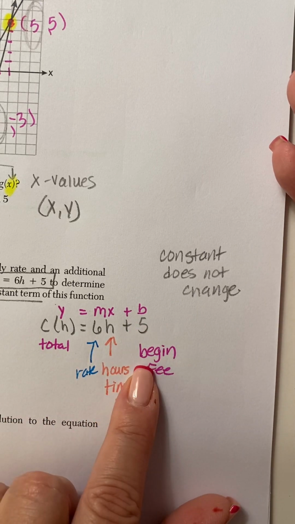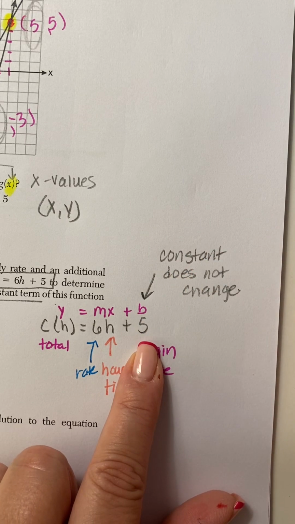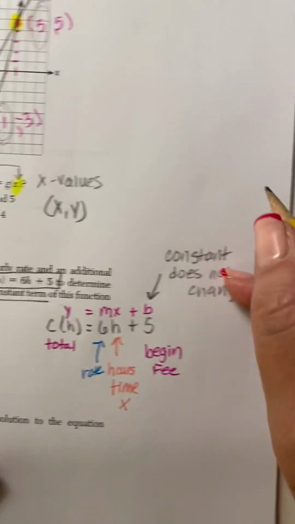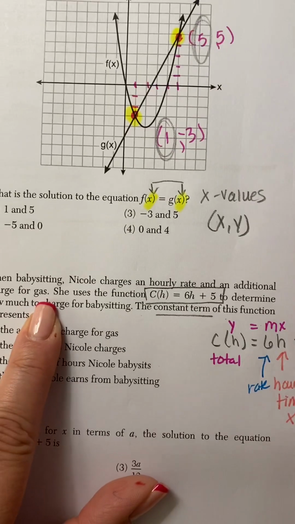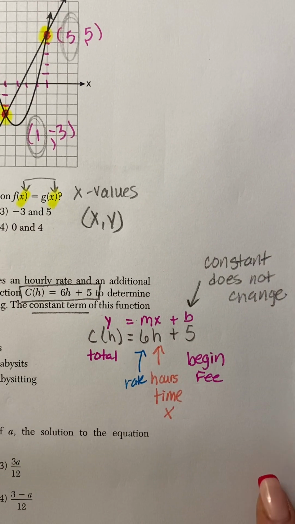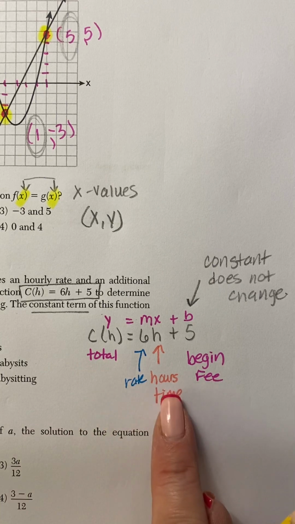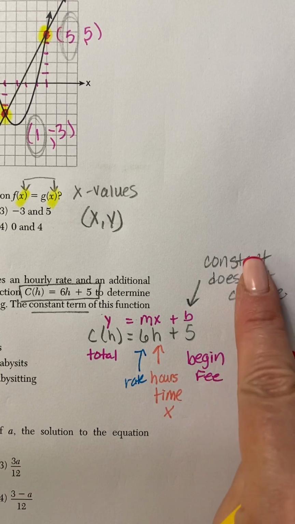The fee, the beginning, is your constant. It doesn't change. Every time she goes babysitting, she's charging a fee of $5 for gas. So that doesn't change. You want her to babysit? She's charging you $5 to show up. So total, rate, hours, fee, beginning, constant.